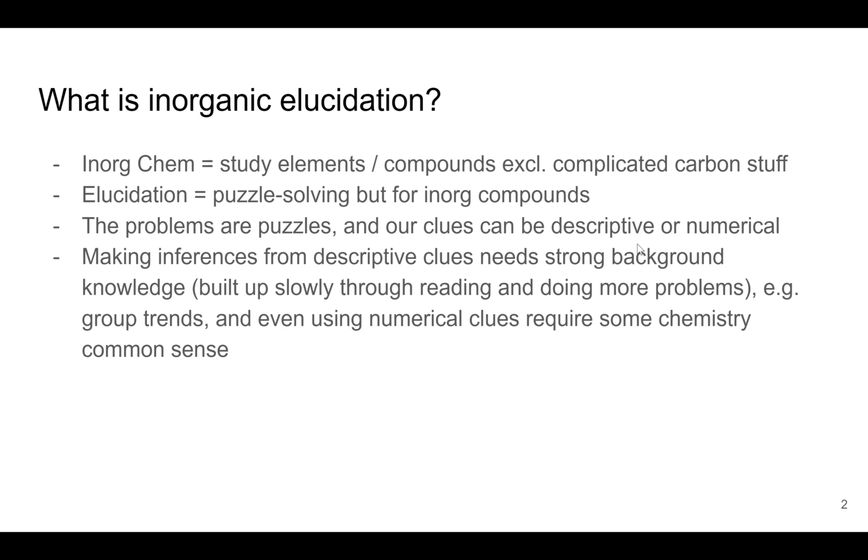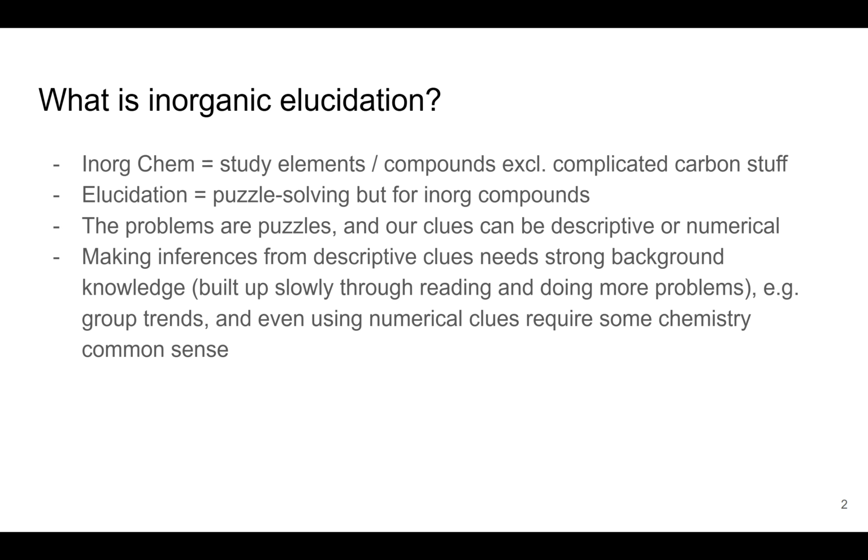And one thing to note is that making inferences from descriptive clues requires really strong background knowledge that can only be built up slowly through reading and doing more problems, such as knowing all the group trends or specific elements and what compounds they form, such as compounds of vanadium and compounds of chromium.